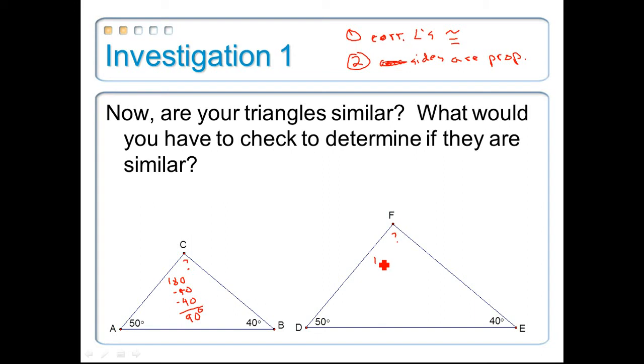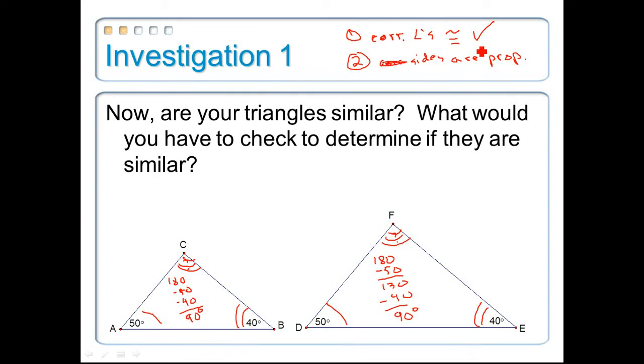Well, that's 180 minus 50, which is 130, minus 40, which is 90 degrees. So we see that this angle is the same as this angle, and we now have corresponding angles being congruent. So we've met the first condition. Now that doesn't mean that they're similar yet. We haven't proved anything, but we met the first condition.